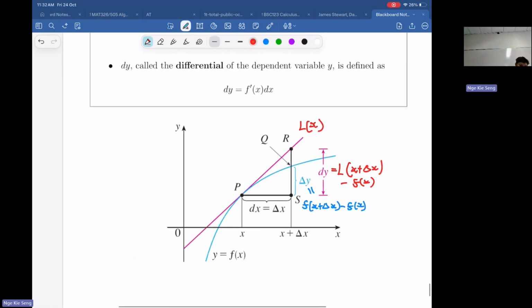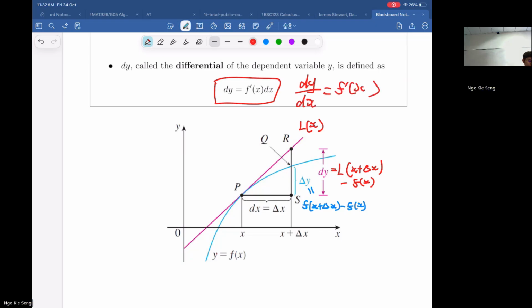From what we discussed just now, dy will be equal to f prime x times dx, because this is just the change in y over change in x equal to the gradient. This is the nice thing about the tangent line.